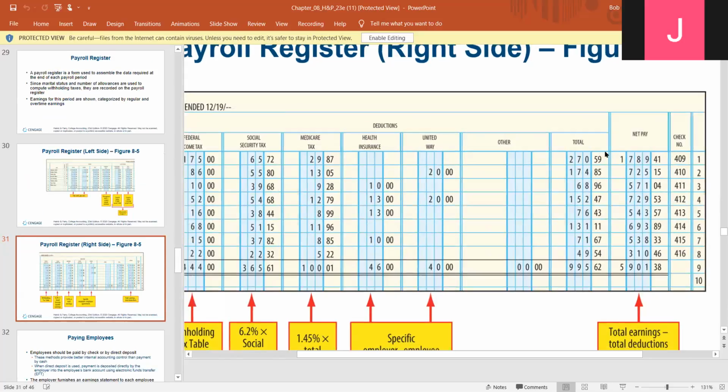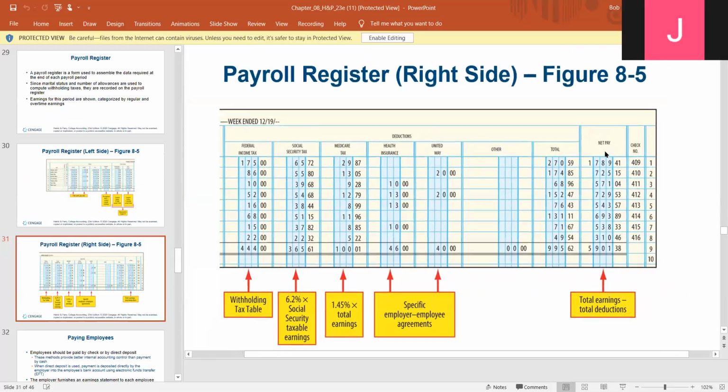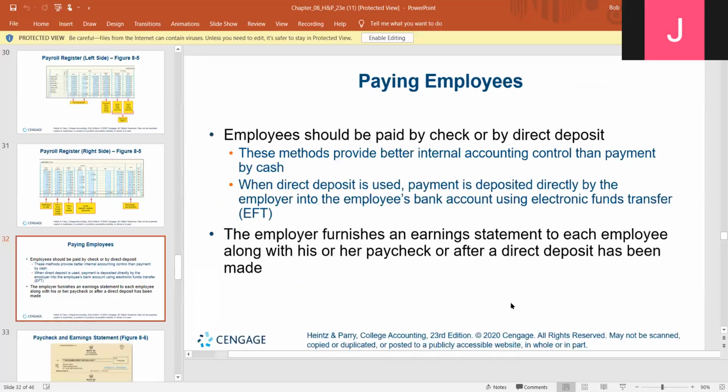And continuing on the next page, subject to Medicare, federal income tax per the table. This person has health insurance, United Way. Subtract them out and you get the total deductions and the net pay. So look at these schedules. They're not too tough. That's what a payroll register is. You're going to have one for each week, and you're also going to have one for each employee.